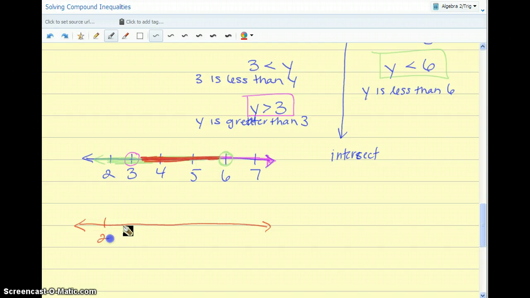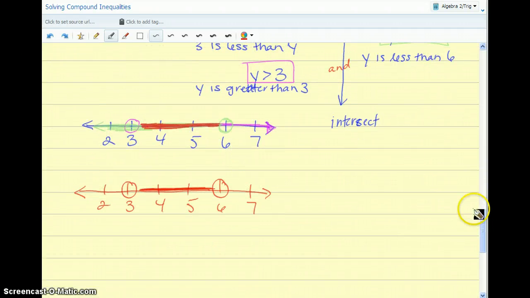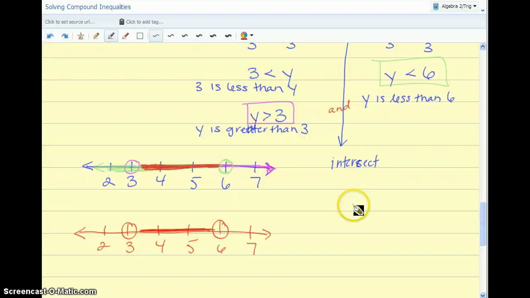I would have my 2, my 3, my 4, my 5, 6, 7. Y is greater than 3 and y is less than 6. So it's just this part in the middle. Remember, if you can split an and statement apart when solving, you can put it back together when writing your final solution.